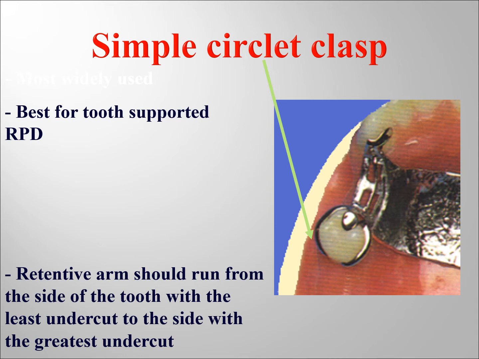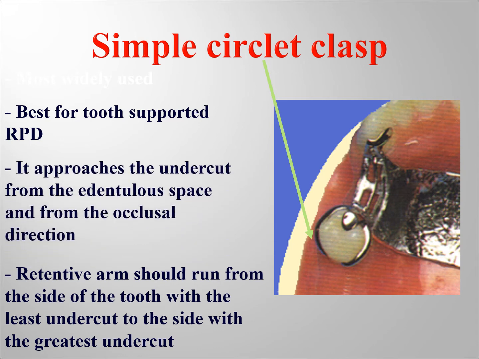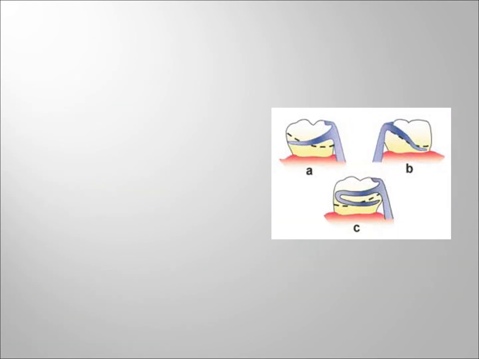It goes from the edentulous space, and then there is the rest, and then it goes to the other side above the survey line, and then the retentive tip goes in the other direction, to the other side of the tooth from the edentulous space. And again, a reciprocal arm on the other side. This is the most commonly used.